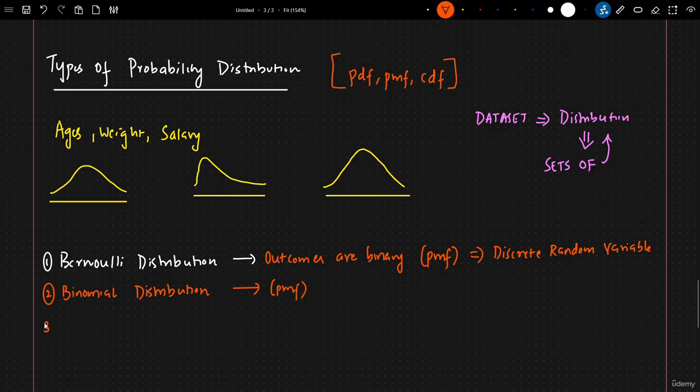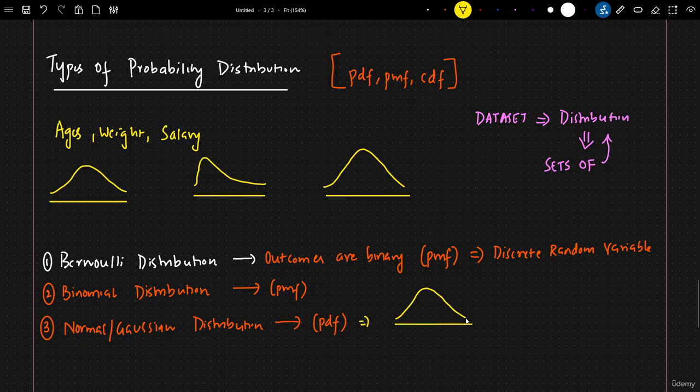Let's talk about another very common distribution that most data sets follow, which is called the normal or Gaussian distribution. This distribution is created with the help of PDF, that is, probability density function. Just as one example, a distribution which has this kind of bell curve is a normal or Gaussian distribution.